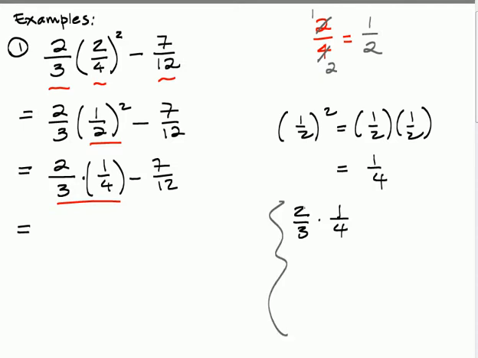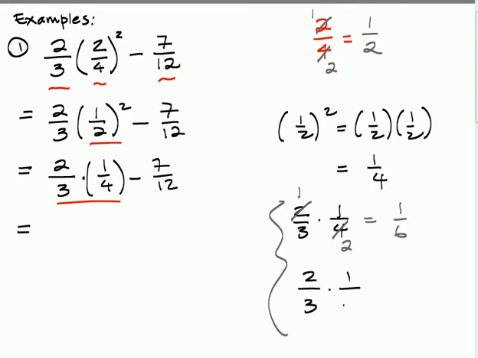Remember, I like the easy steps, so let's use gray to cancel, and let's do it over here on the side. 2/3 times 1/4, I'm going to do it 2 ways. You can just say, okay, any number upstairs with any number downstairs, these are both divisible by 2, so if we divide both of those by 2, we would get 1 and 2, and we would end up with 1/6. Another way, remember for this before, using prime factorization. 2 and 3 are both prime, so there's nothing more to do there. 1, well, there's nothing more to do with 1.